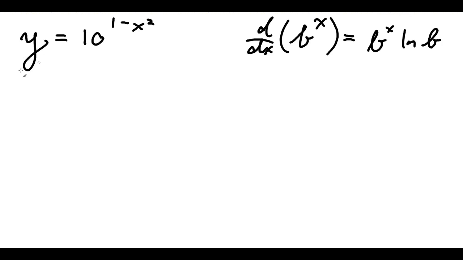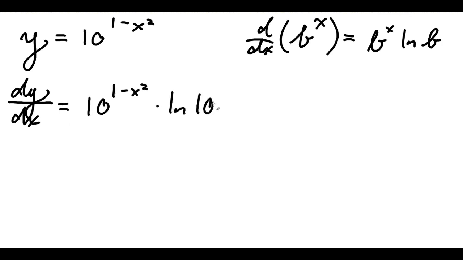So returning to this original function, if we remember this rule, we can say, all right, so if y equals 10 to the power of 1 minus x squared, then dy by dx would be 10 to the 1 minus x squared times the natural log of 10. This is applying that rule. But now we still have to apply the chain rule and multiply by the derivative of the exponent. The derivative of 1 is 0, negative 2x.